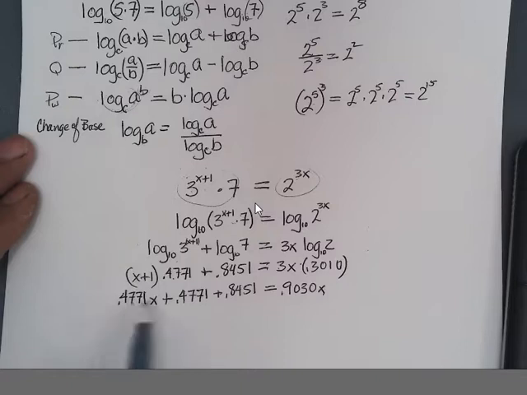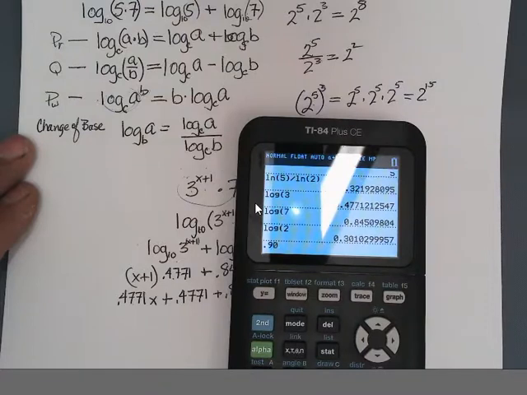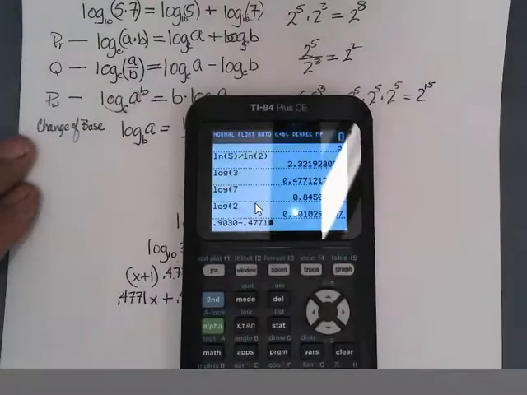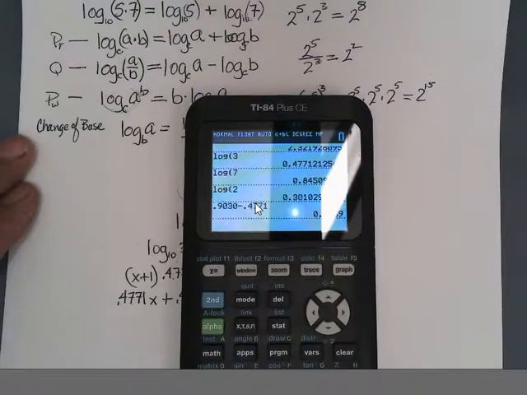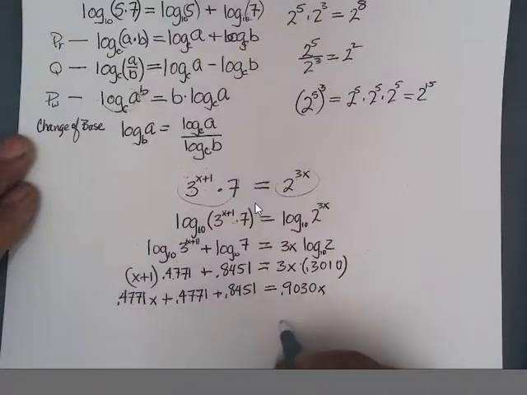Let's subtract these x's from those x's. So 0.9030 subtract 0.4771, and I get 0.4259x.